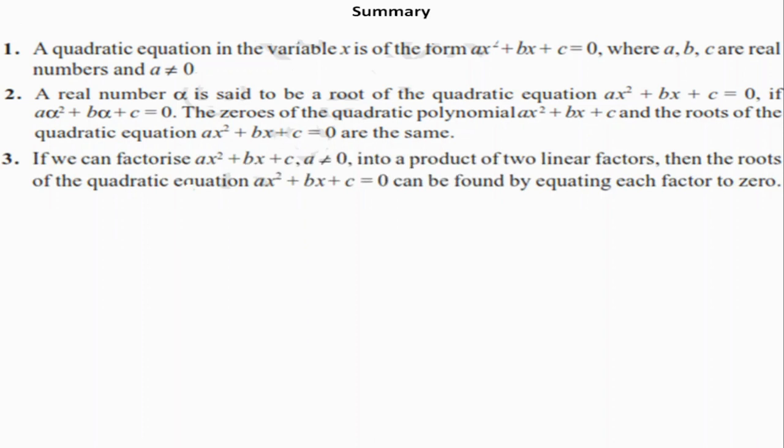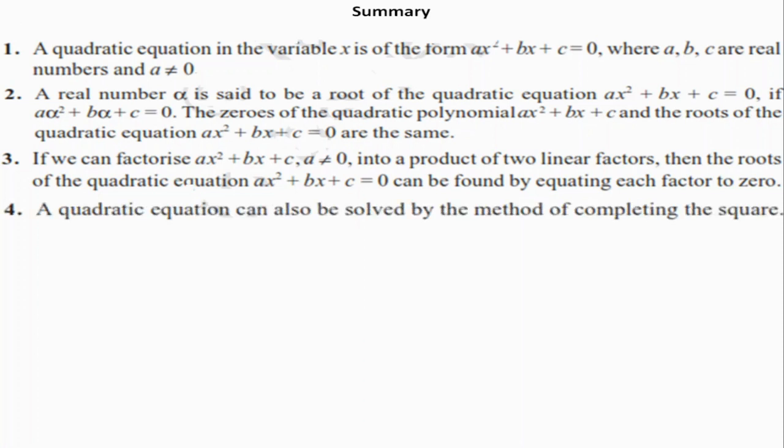We can also solve the quadratic equation ax square plus bx plus c equal to 0 by getting two linear factors, as you already saw in the previous lecture. A quadratic equation can also be solved by the method of completing the square, which we already learned in this video.